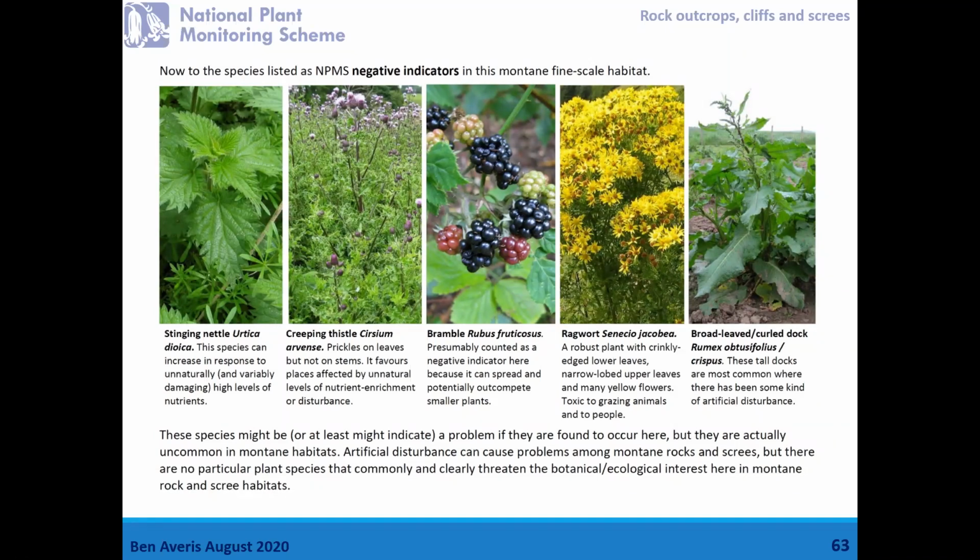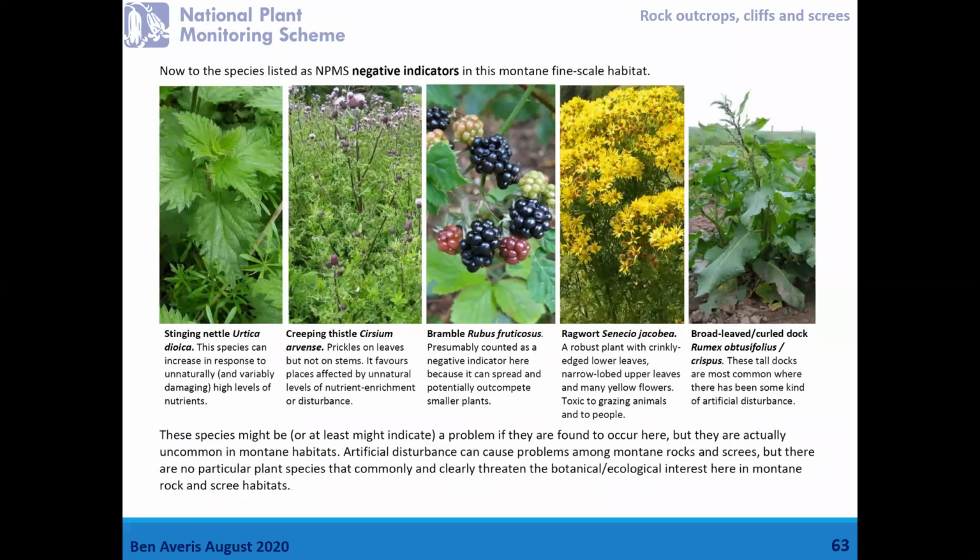It's, well, partly because it's toxic, isn't it? And it can increase where there's been a lot of trampling by animals as well. And the docks, the big dockens, broad-leaved and curled dock, can be in the same kind of places as thistles. They can increase for similar reasons, where there's been some kind of ground disturbance and nutrient enrichment as well.